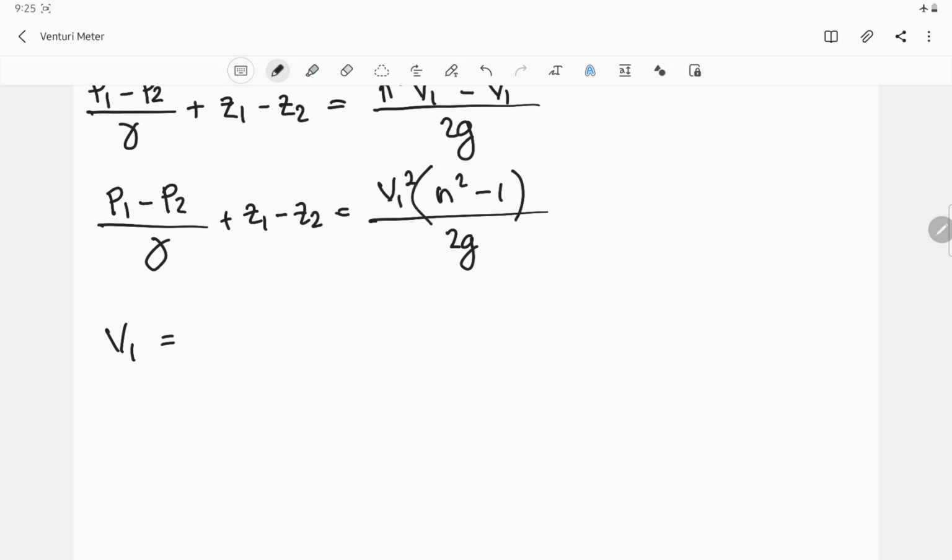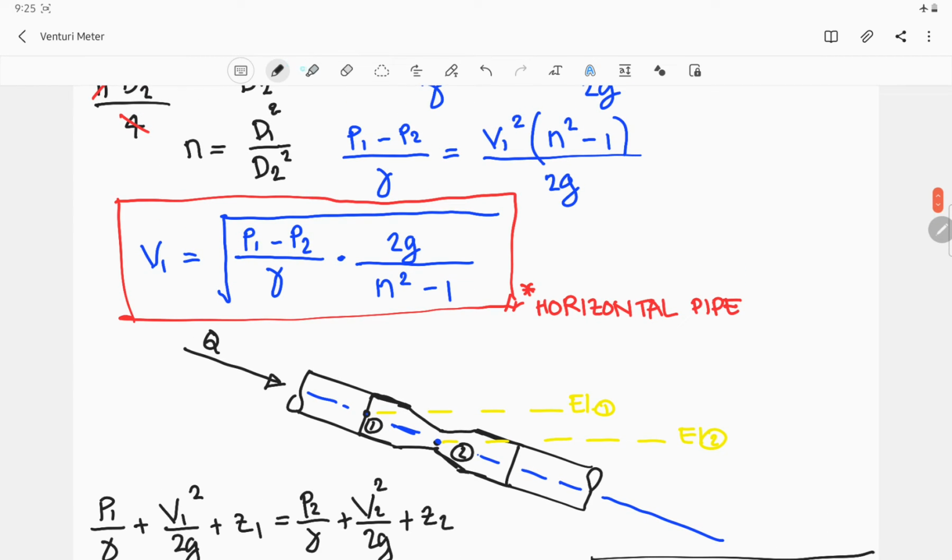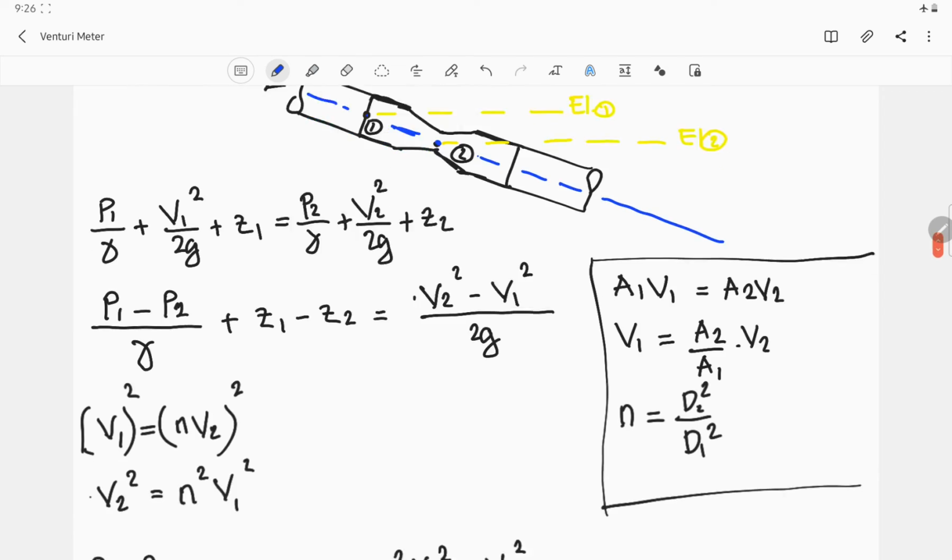So V1 is P1 minus P2 over gamma plus Z1 minus Z2, the entire thing. By the way, don't forget, this entire thing should be included, same thing also here.